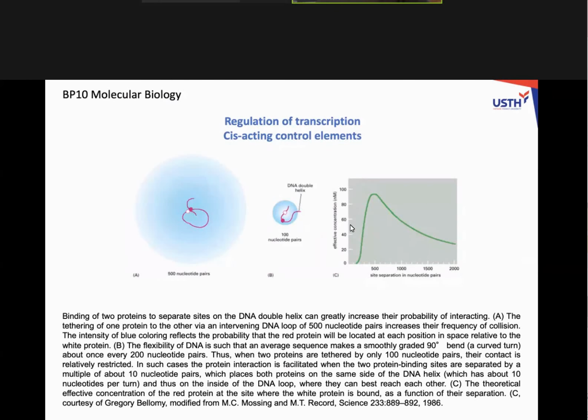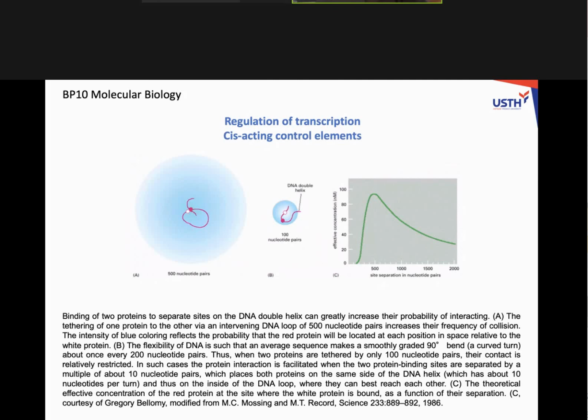In other words, the higher it is, the more chance you have that the red can get in contact with the white. And on the x-axis, it is the physical distance, written as site separation in nucleotide pairs, the base pair distance between the red and the white site.